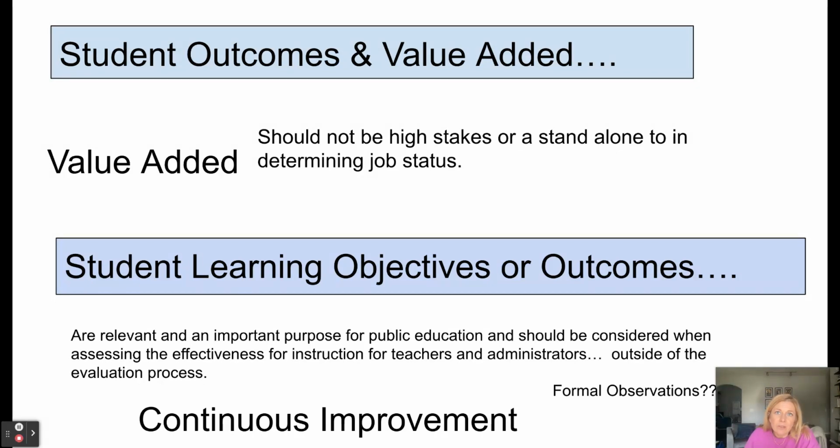So, what will the student say or do to demonstrate that they've met that learning target? And so, on a smaller scale, I do think that the formal observation lends itself to an objective view, or an opportunity for both evaluator and teacher to assess the effectiveness of instruction.